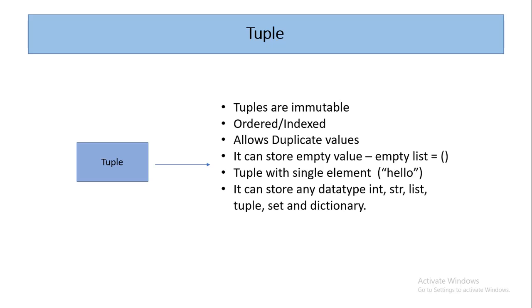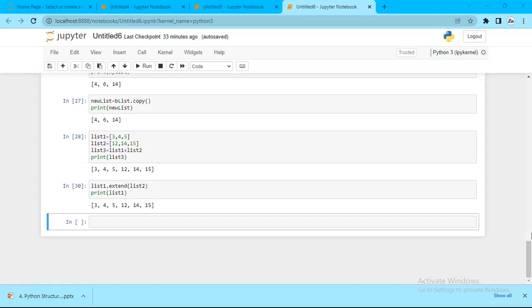So let's look into Jupyter Notebook, how to create a tuple and how to assign values into the tuple. Suppose I want to create a tuple. As in list, in tuple as well we can have multiple data types. Like for example, I'm storing here string type values.